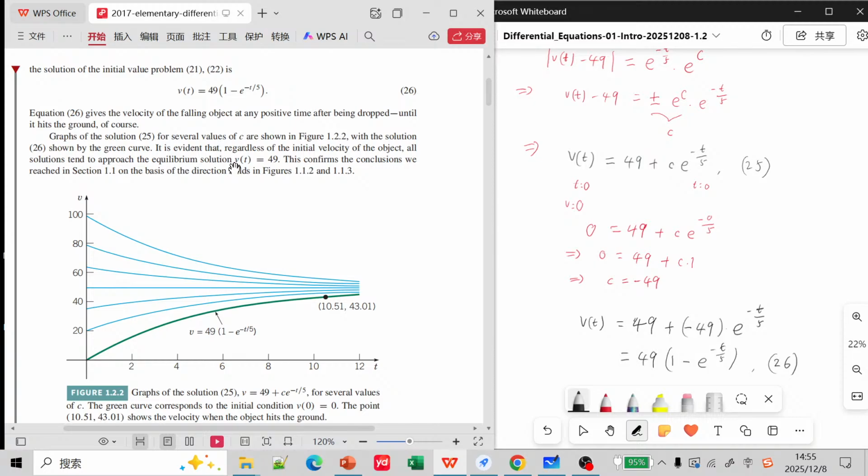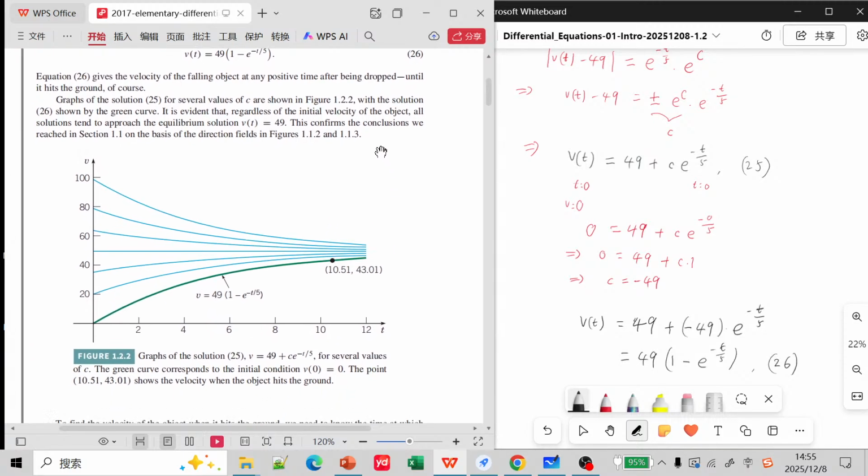It is evident that regardless of the initial velocity of the object, all solutions tend to approach the equilibrium solution v of t is equal to 49. This confirms the conclusions we reached in section 1.1 on the basis of the direction fields in figures 1.1.2 and 1.1.3.